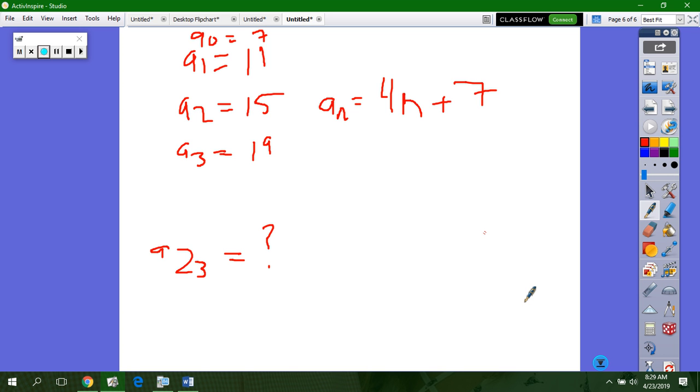I am looking for how many seats are in a sub 23, right? So I'd replace the n with 23. So I have 4 times 23 plus 7. That's 92 plus 7, which is 99 seats.